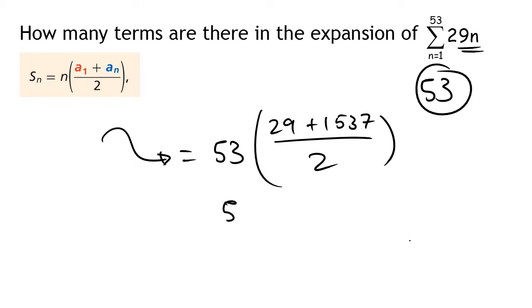So this is 53 times 783, which equals, I believe, 41,499.